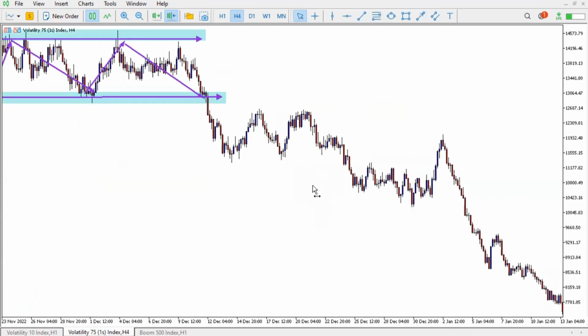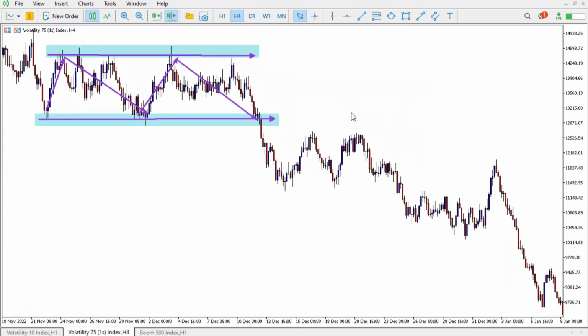So with this said and done, I can still see it here. I can see equal highs here, right? This is another one now, and another equal high here. Are you seeing it? Equal low, rather, equal lows.